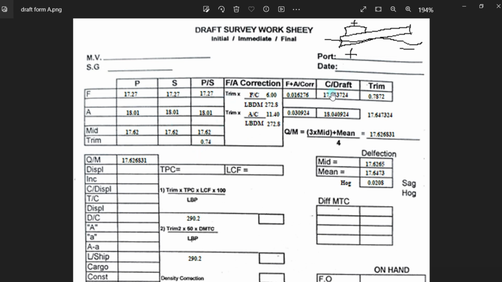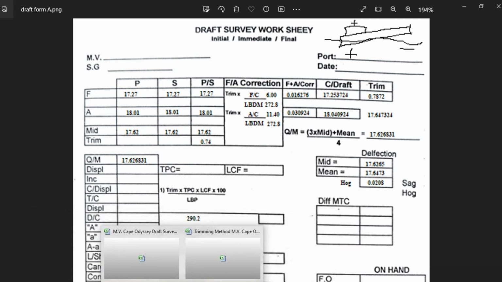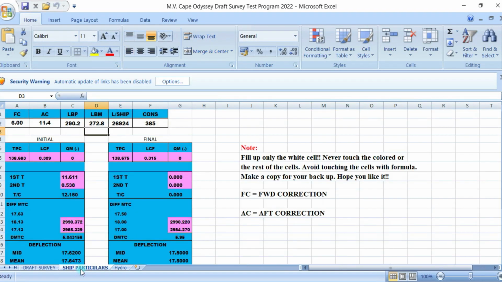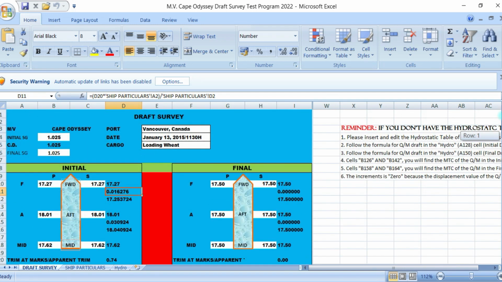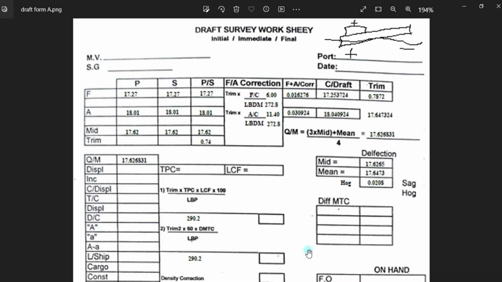So we'll check again the correction here, and let's see. Then we go here. Okay, the correction forward will be 0.016276.